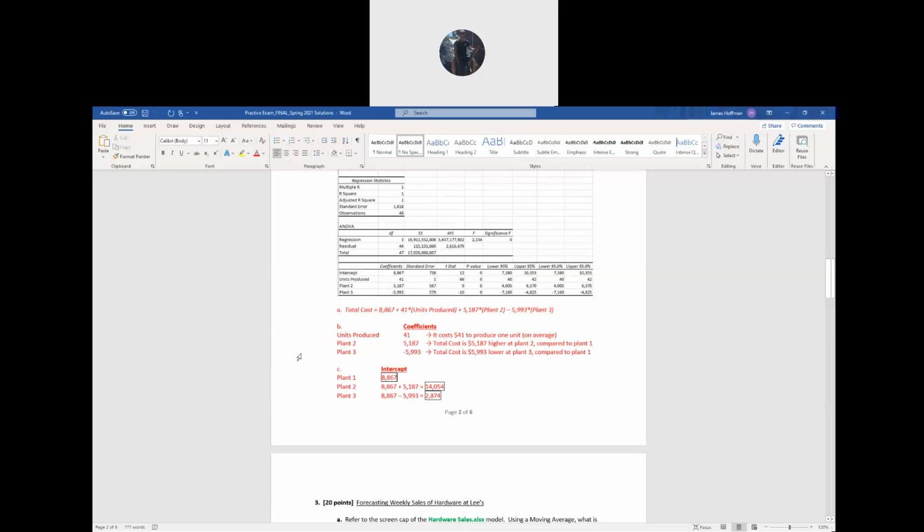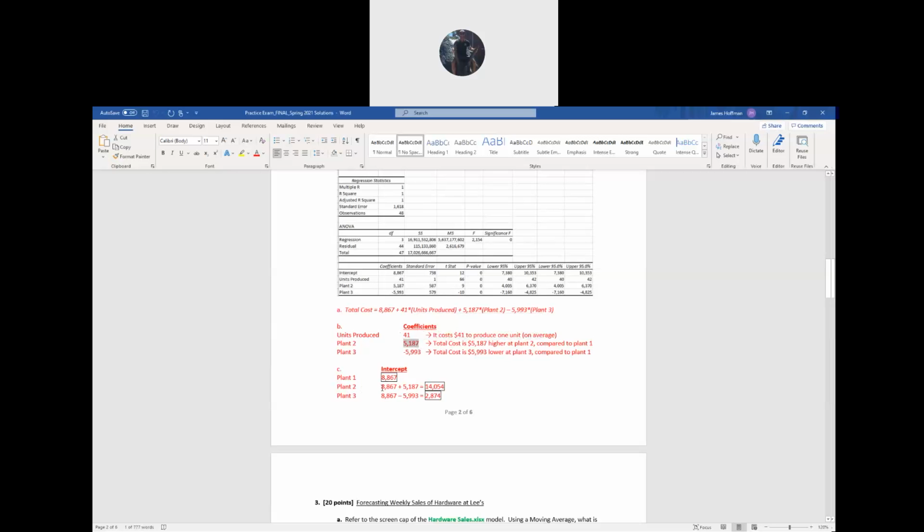Now, how do you get the plant 2 intercept? And I told you here that total cost is 5,187 higher at plant 2 compared to plant 1. So just add that to the original intercept. That's all you got to do because it's that much higher.